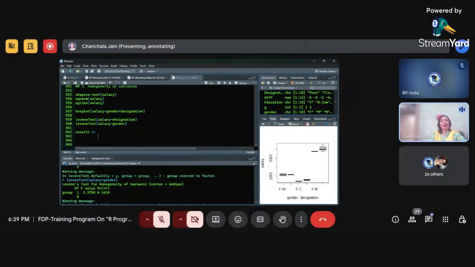I have stored my output in the result one object, using the same function aov, passing the variables: salary, tilde, gender, plus designation, plus gender, colon, designation.